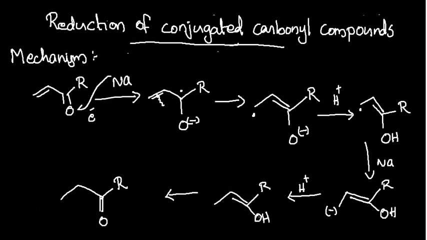This is an enol, and the enol easily tautomerizes into a ketone. Keto-enol tautomerization, and we get the ketone as the product in the case of ammonium chloride as the proton source, whereas in the case of ethanol, this ketone is again reduced into alcohol. That is the mechanism of reduction of conjugated carbonyl compounds.